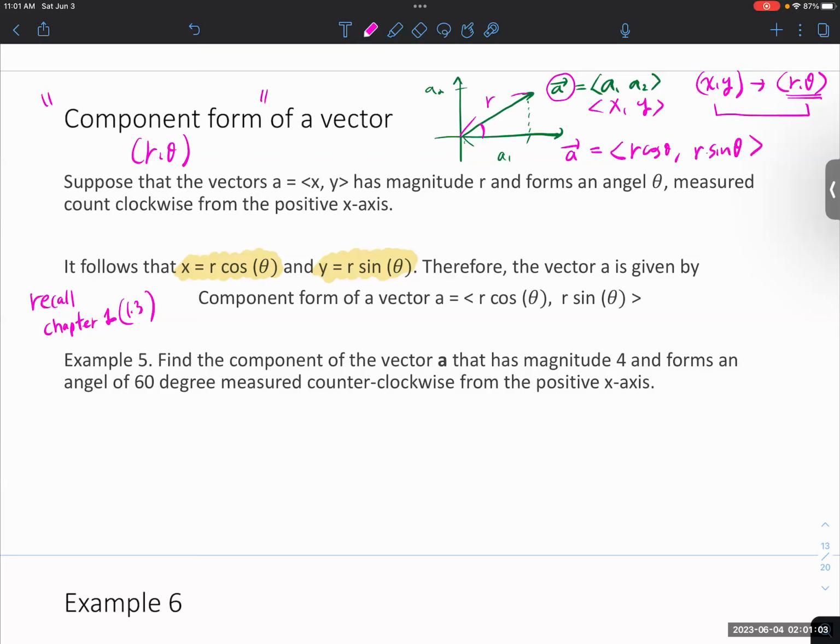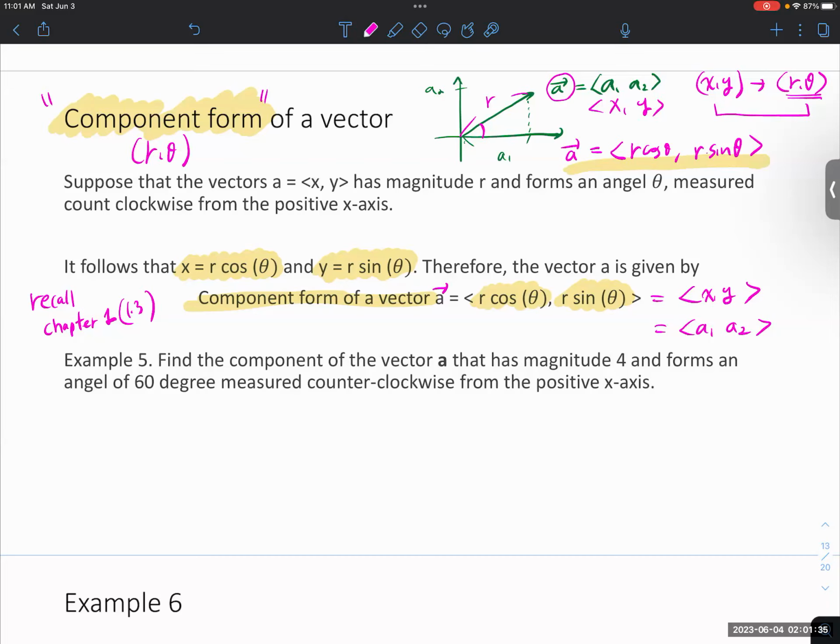We can convert this regular vector system into the polar coordinate system. We call this a component vector system. Just a name. So the component form of vector A is going to be, this is x, this is y. In other words, this is x comma y, this is A1, this is A2. Got it? You don't need to memorize anything.